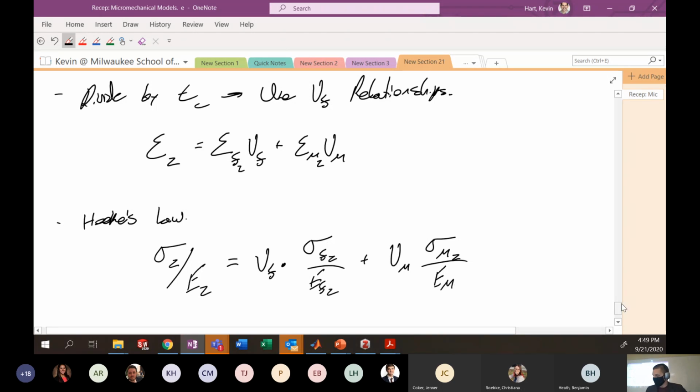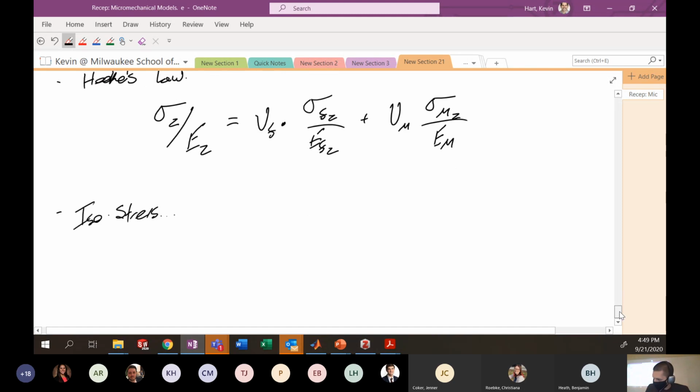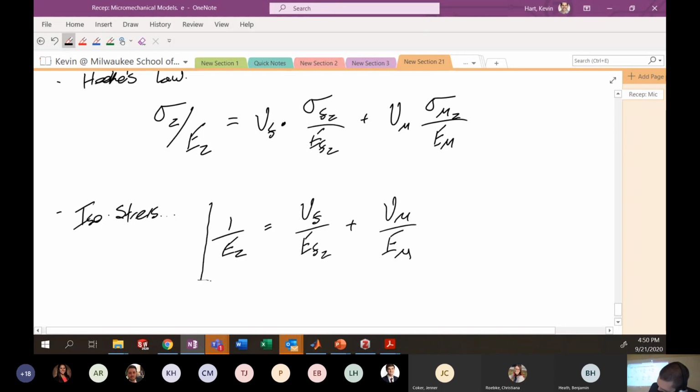I'm going to drop the 2; we know it's the same in all directions. And now our last thing is isostress, meaning all these stress components are equal, and you end up with 1 over E2 is VF over EF2 plus VM over EM. And here is your inverse rule of mixtures.